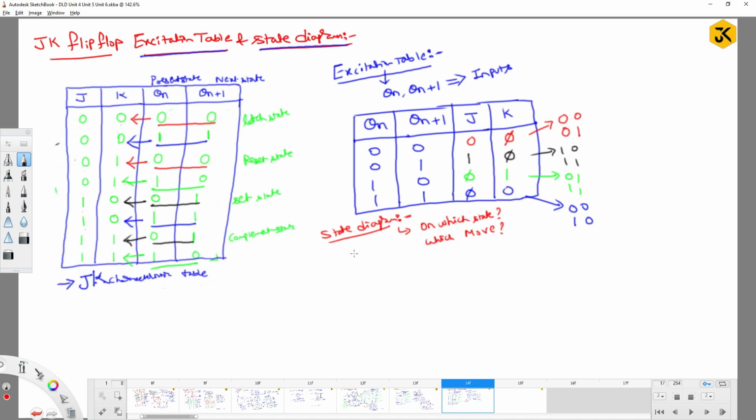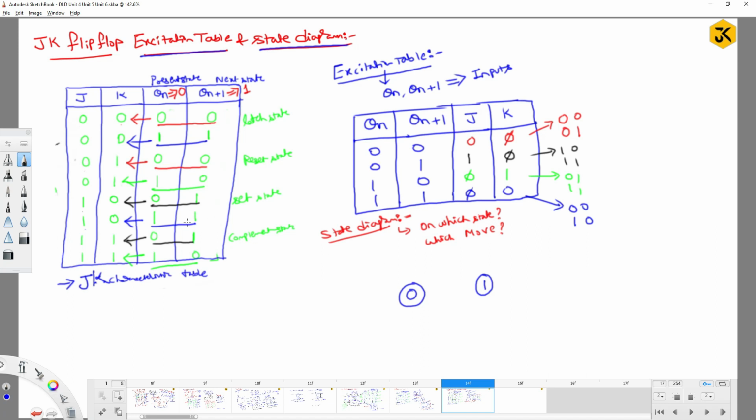That is what you can call a state diagram. For example, assume Qn as 0 and Qn+1 as 1, meaning that here we are going to have two states. I am going to give those two states the names 0 and 1. 0 is one state and 1 is one more state.